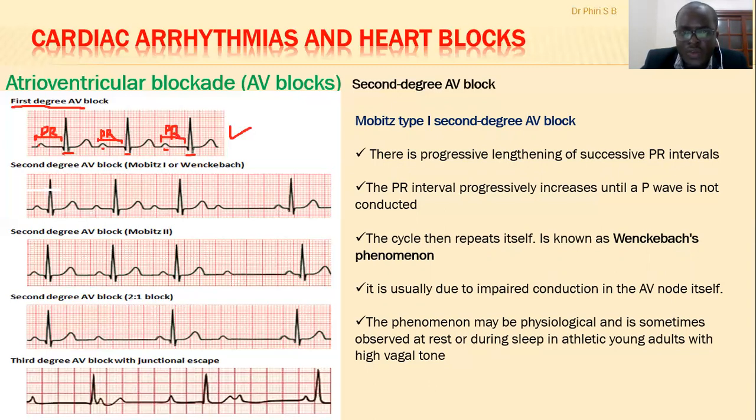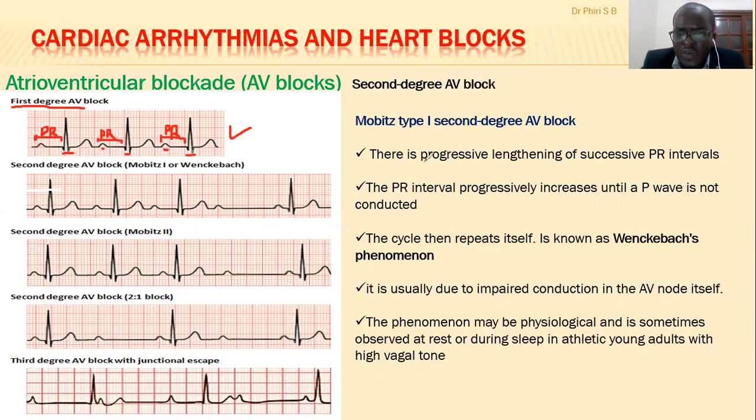So let me also get my pencil so that I explain, so that you understand again. So you have Mobitz type 1, second degree AV block. So there is progressive lengthening of successive PR intervals.